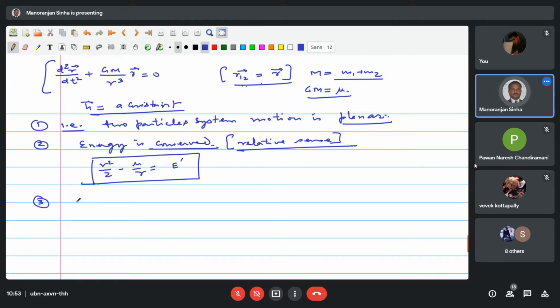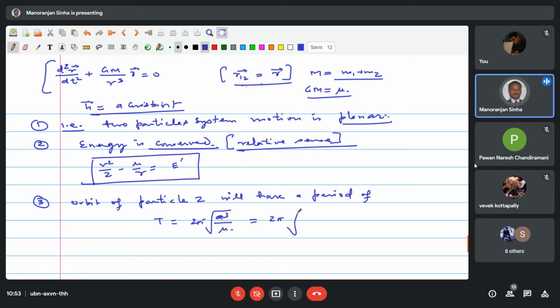And third, the orbit of particle 2 will have a period T given by 2 pi square root of a cube divided by mu.